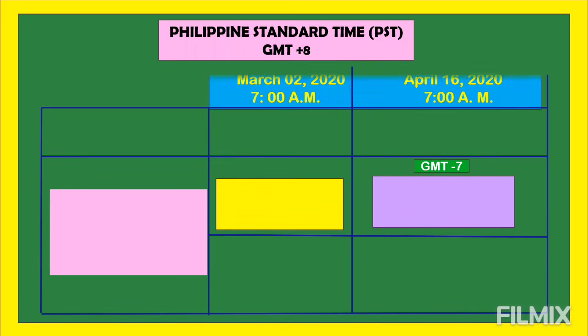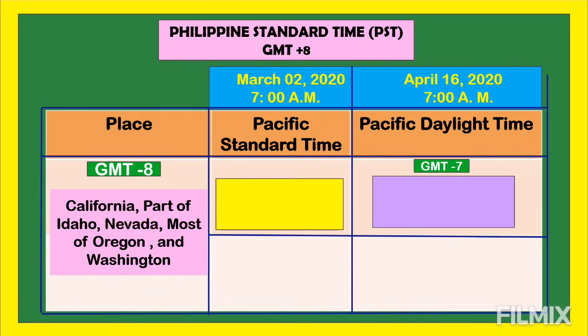Okay guys, next is from California, parts of Idaho, Nevada, most of Oregon, and Washington. Their time zone is -8 GMT. It means that Philippines is 16 hours ahead than them.